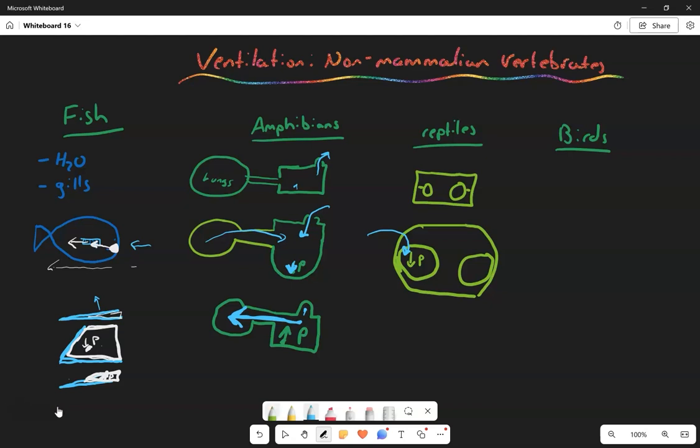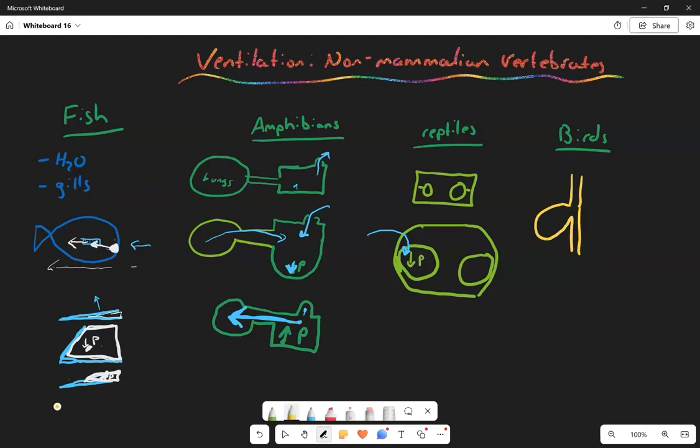Okay? Birds are a little bit on the unique side, in that birds basically have these things called air sacs. So if you follow the respiratory tract, it will eventually hit this air sac, like so.